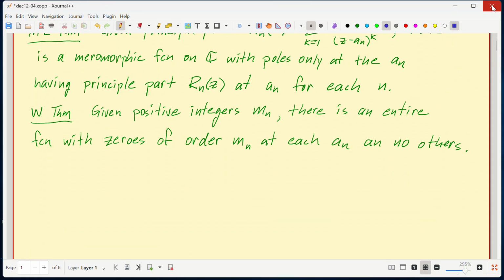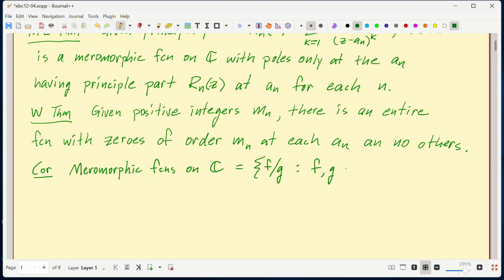So you can prescribe zeros too. And a corollary of those two theorems is that the meromorphic functions on the whole complex plane are equal to, it's a division ring, so it's F over G, such that F and G are entire, and G is not identically 0.